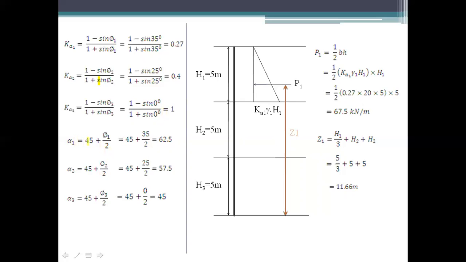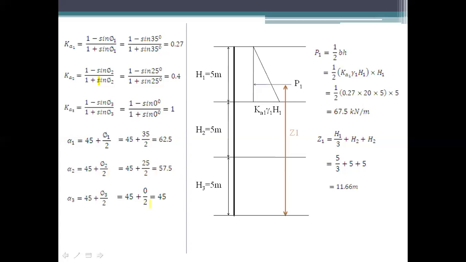Alpha 1 equals 45 plus phi 1 upon 2, which is 45 plus 35 upon 2 equals 62.5. Next, alpha 2 equals 45 plus phi 2 by 2, equal to 45 plus 25 upon 2, which comes to 57.5.